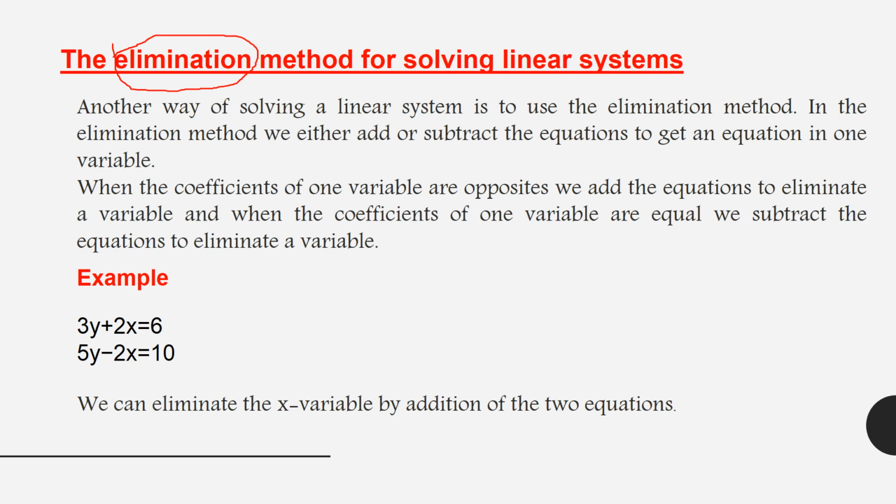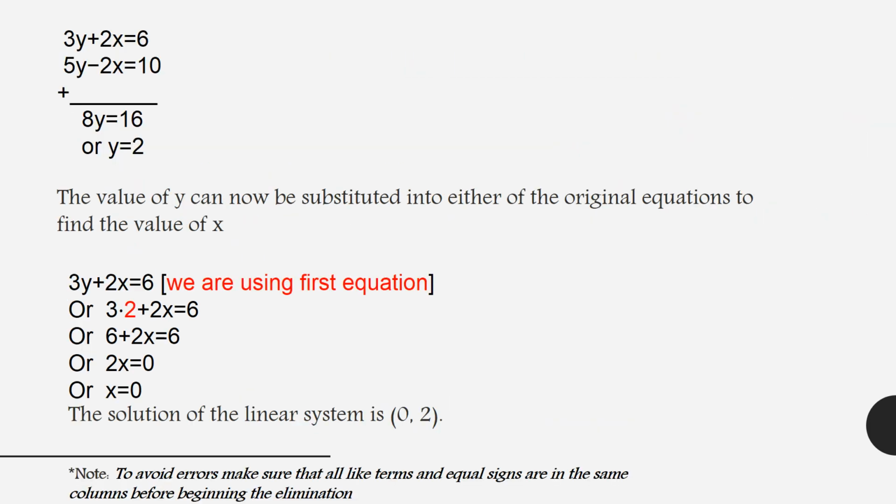For example, 3y plus 2x equal to 6, 5y minus 2x equal to 10. We can eliminate the x variable by addition of the two equations. See, 3y plus 2x equal to 6, 5y minus 2x equal to 10.